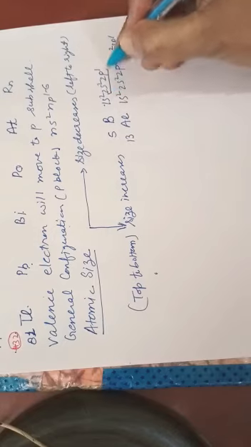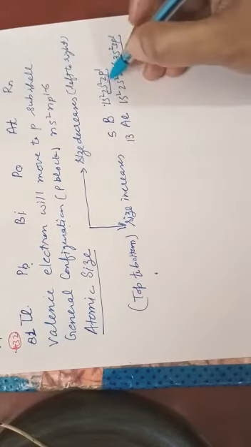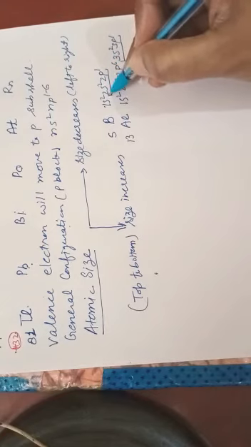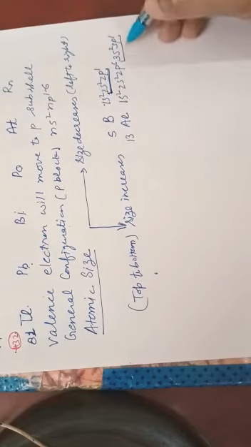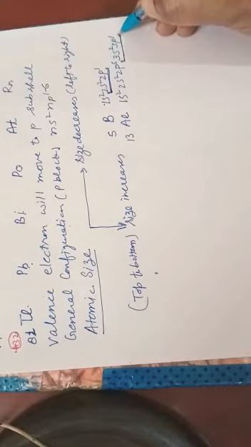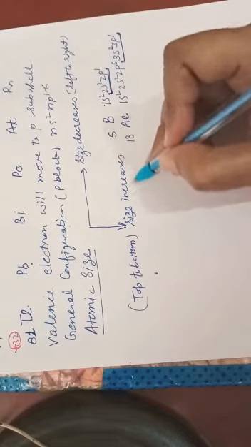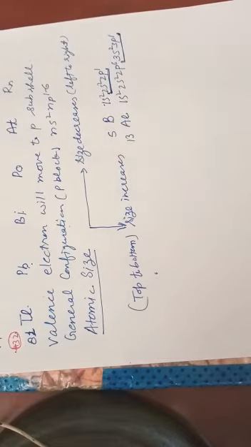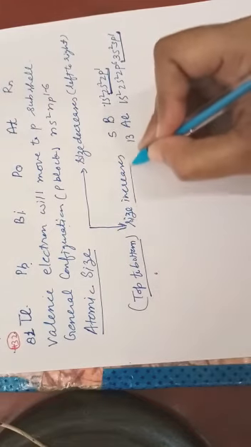This is the p block. In boron there is 2s2, 2p1, and in aluminium, just below boron, it is 3s2, 3p1. The shell is increased. Due to the increase in shell, the size will obviously increase. So when we are moving top to bottom, size will increase.